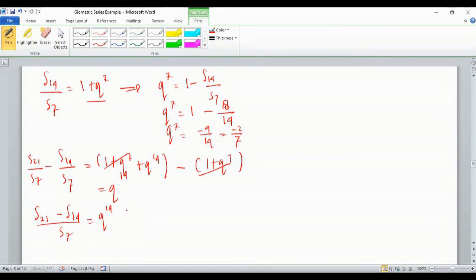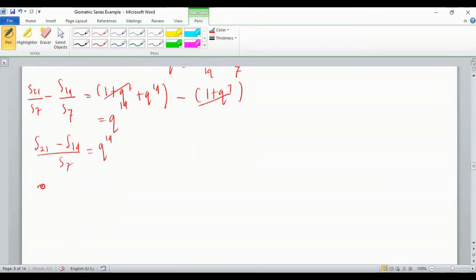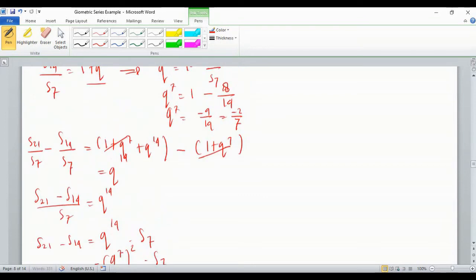So from here, we can continue: S21 minus S14 is equal to r to the power 14 times S7. r^14 is (r^7) squared times S7. r^7 is the power minus 2 over 7, so minus 2 over 7 squared times S7.